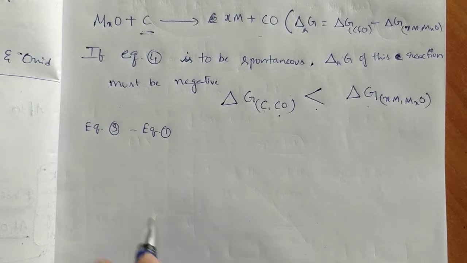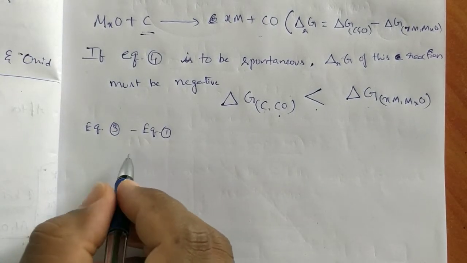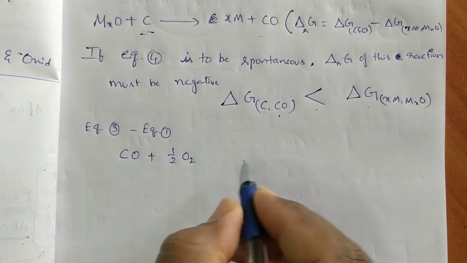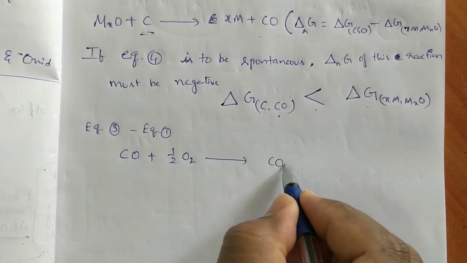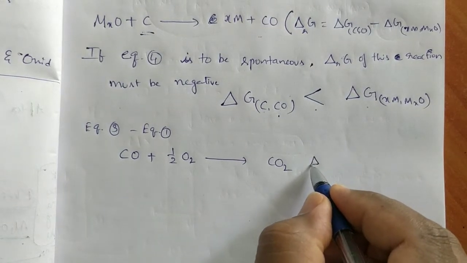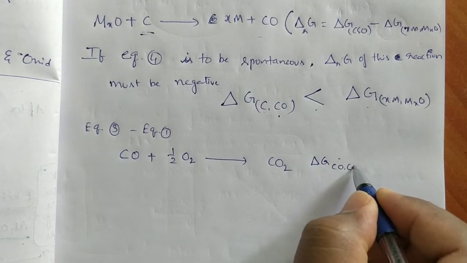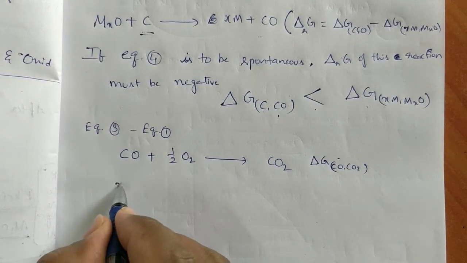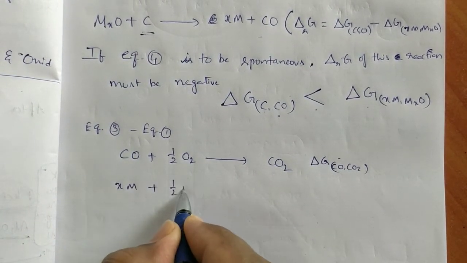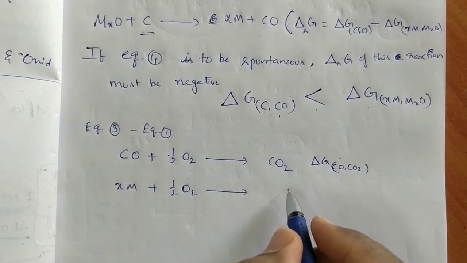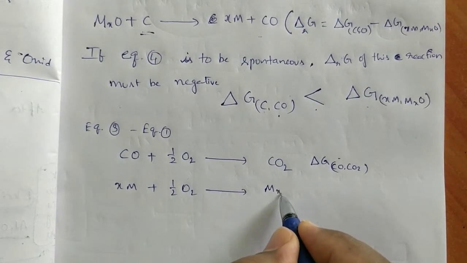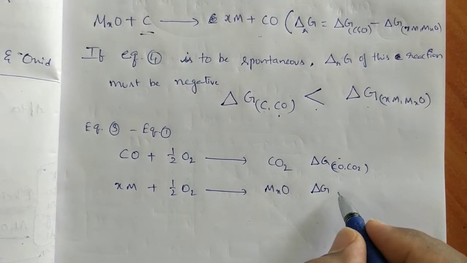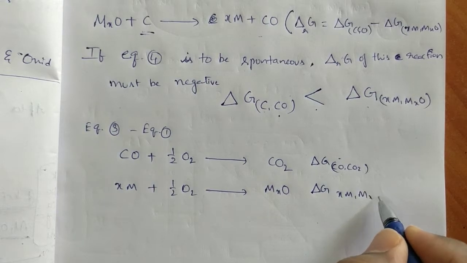Equation 3 is CO plus half O2 gives rise to CO2. For this delta G is delta G of CO comma CO2. Next, XM plus half O2 gives rise to MXO. For this, what is the delta G? Delta G of XM comma MXO.